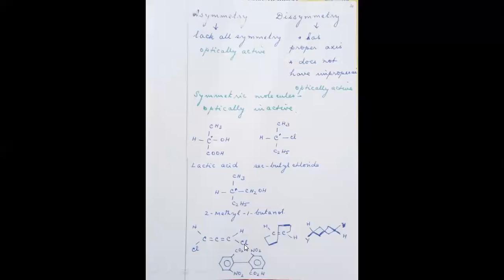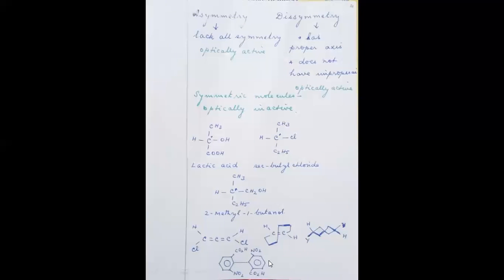It is something like a twisted model. Similarly, spiranes. These are spiranes. See the darkly shaded portion are projecting towards the viewer, whereas the other portions are away. This is not a planar body.